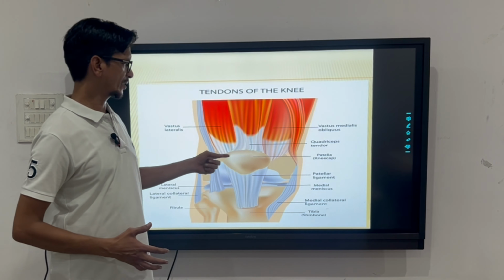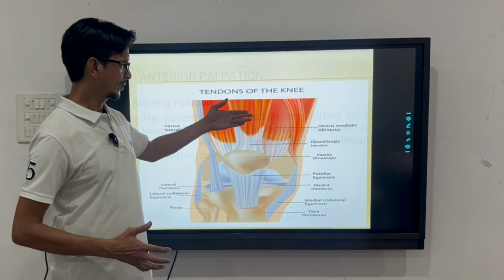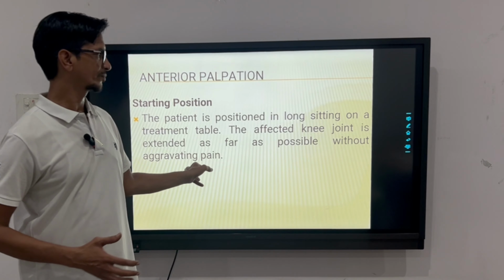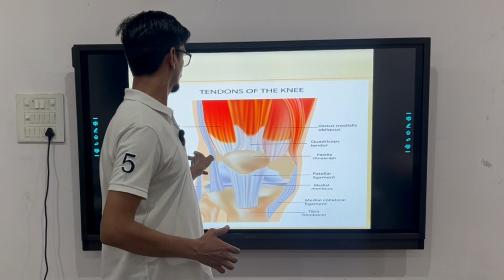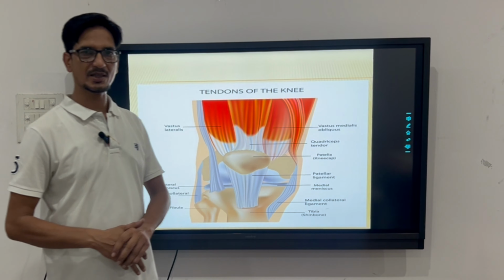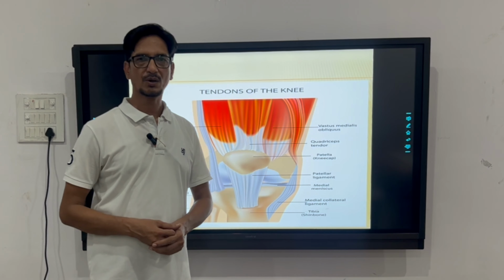So you can see that at the proximal part of the patella, basically it found the attachment. Basically it provides the attachment on the heads of the quadriceps.